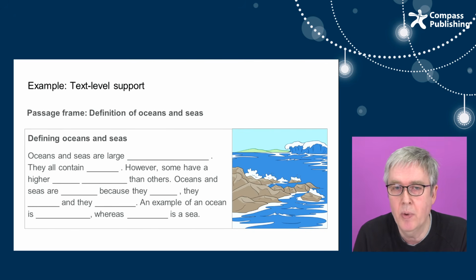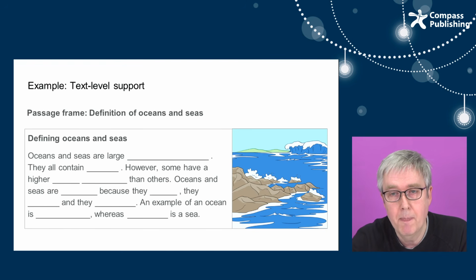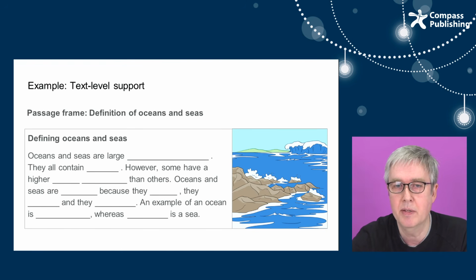You need to take it away sometimes. So in books like Integrate, we provide the passage frames, but we also expect students to step beyond that at some point, to become independent, to ride the bike by themselves, as we talked about before.